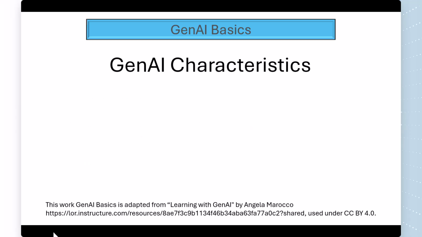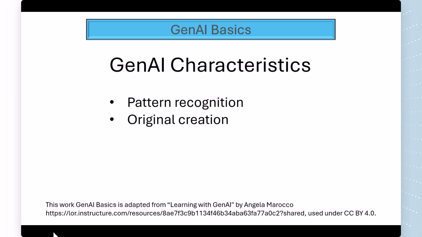GenAI has a few characteristics. It is predictive and uses pattern recognition. Models are trained on massive data sets, primarily large language models, to understand the structure, context, and relationships of data. Another characteristic of GenAI is that its technology produces entirely new, statistically unique outputs rather than simply retrieving or reclassifying existing data.